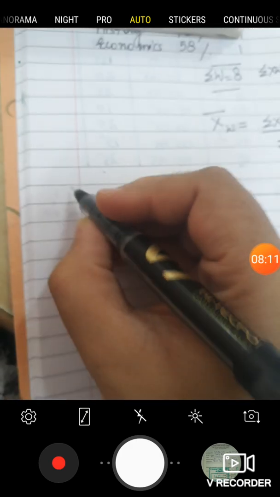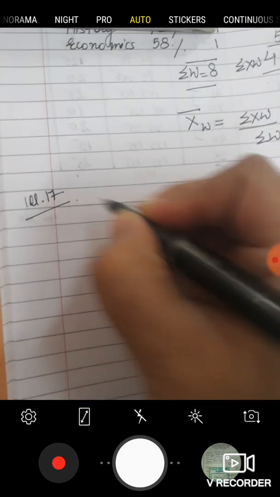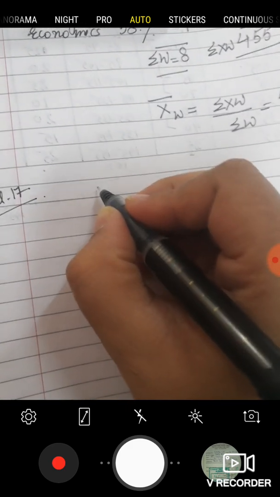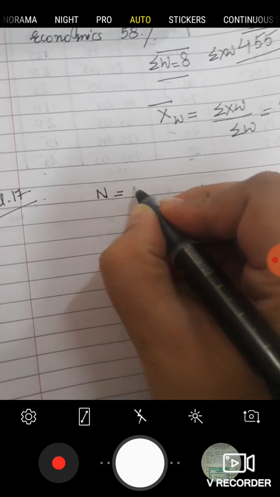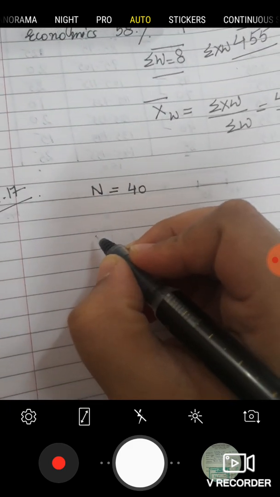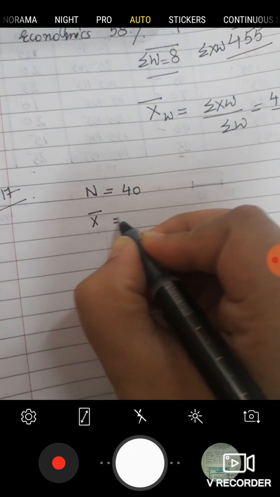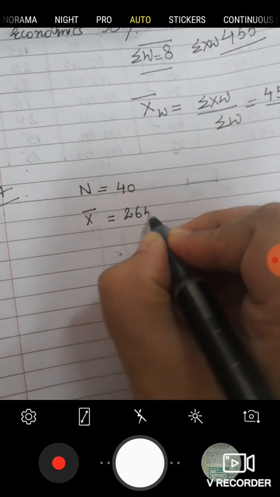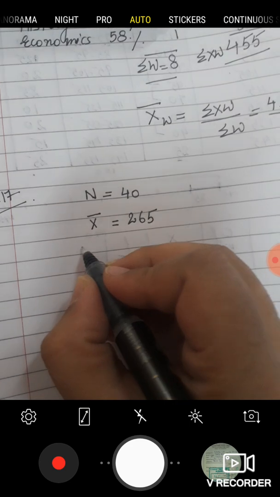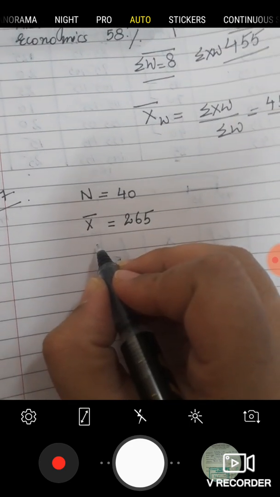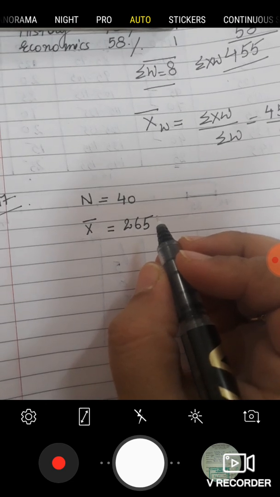So what is given to us? We are given that the number of items is 40. And the arithmetic mean that was calculated was 265. One item, 115, was misread as 150.